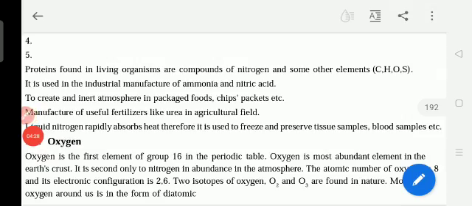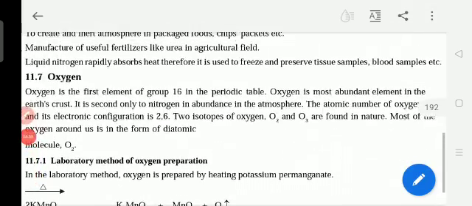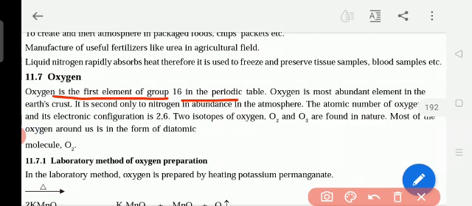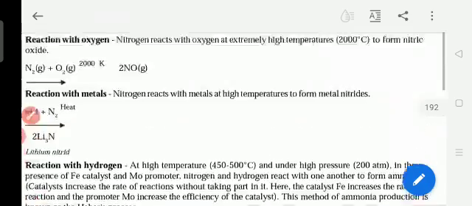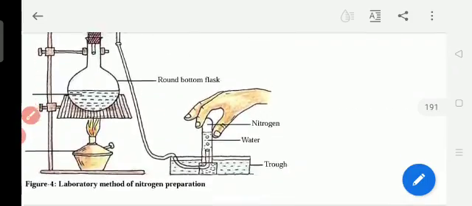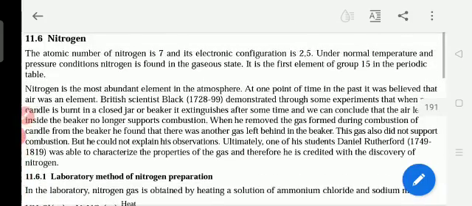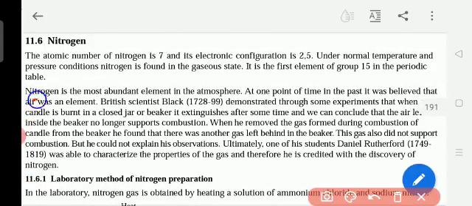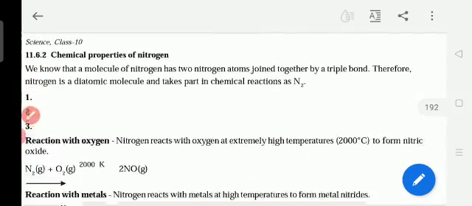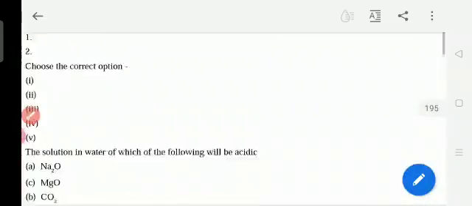And now we will see about oxygen. Oxygen is the first element of group 16 in the periodic table. Oxygen is the most abundant element in the earth's crust. You see the difference? Nitrogen is the most abundant element in the atmosphere.